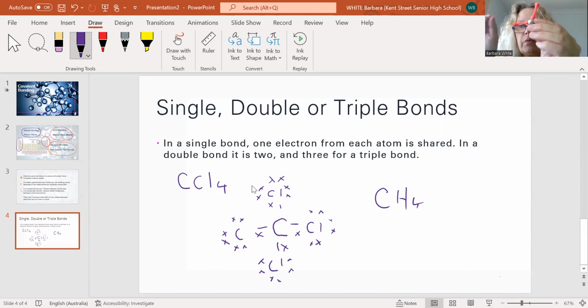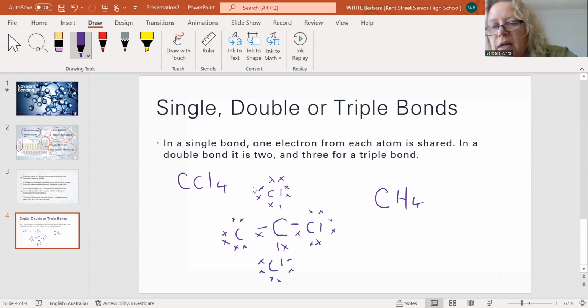You're drawing two-dimensional, but it's actually a three-dimensional shape. And there's a theory, the VSEPR theory, which is valence shell electron pair repulsion, which just means that the pairs of electrons around the outside of the central atom will get as far away from each other as possible. They repel each other.